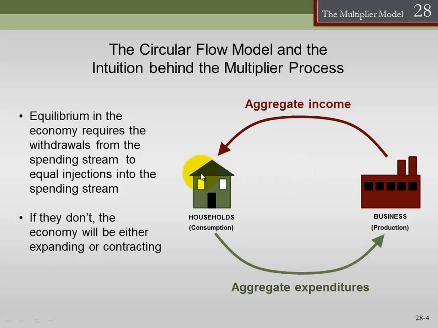Then aggregate expenditure flows from the households back to the businesses. If we're in equilibrium, these two things need to be equal to one another. So the flow of income back to households needs to equal the flow of expenditure back to businesses. If they aren't equal, then the economy will be either expanding or contracting.